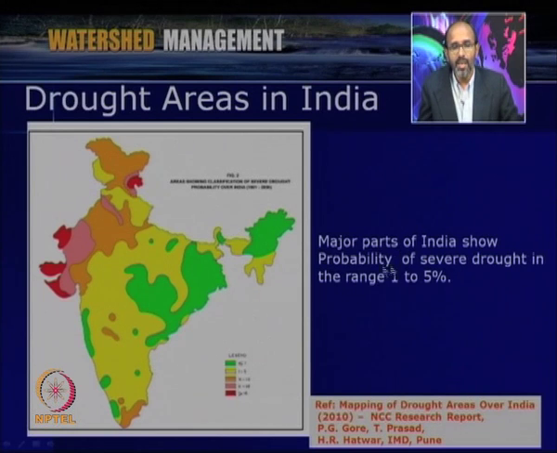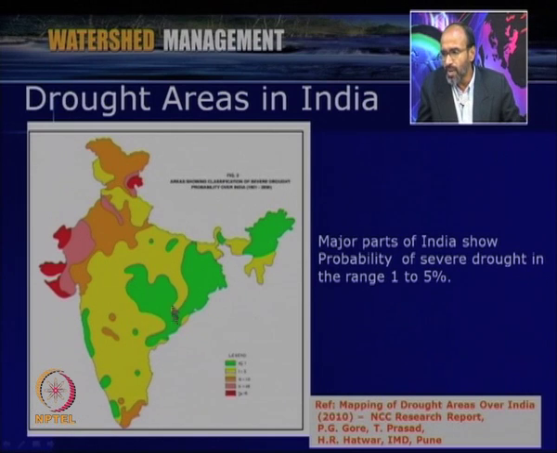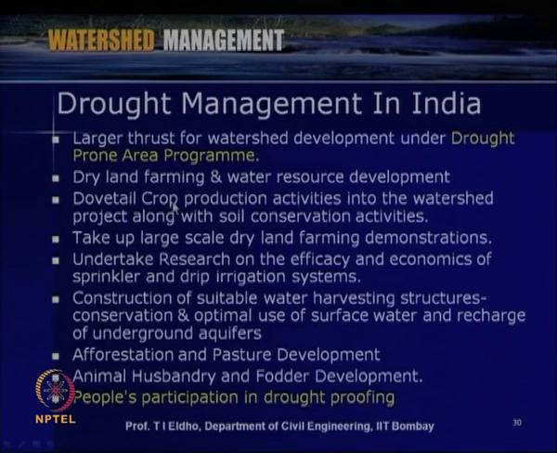Then with respect to severe drought conditions, for example, a probability of severe drought in the range of 1 to 5% is possible, for most parts of the country, given in this yellow color. So like that they have come up with maps. This shows an indicator, and based upon this historical data we can analyze the drought situation.